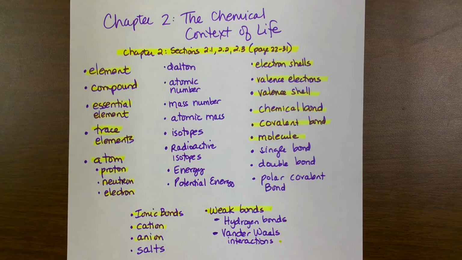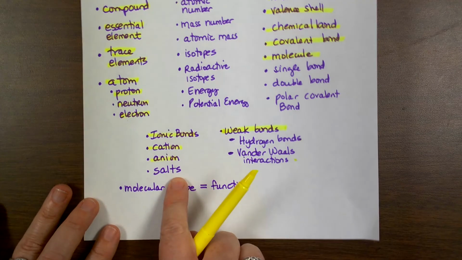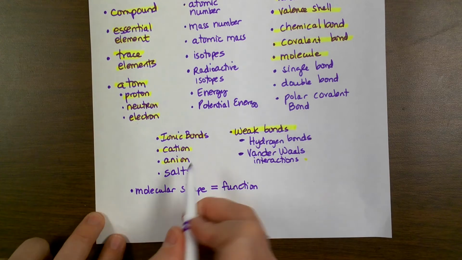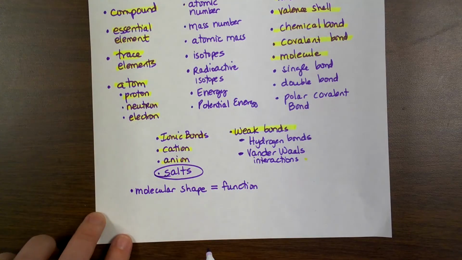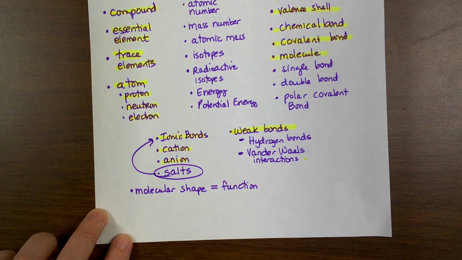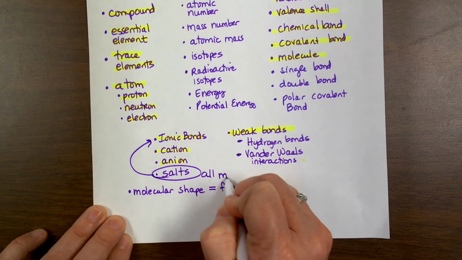Now, I do want to tell you that for salts, a lot of you, when you think of salt, you think about what you put on your meal, shake it on there, and it is NaCl. But a salt in science is not just NaCl. NaCl is an example of one. But all molecules that form ionic bonds are called salts.